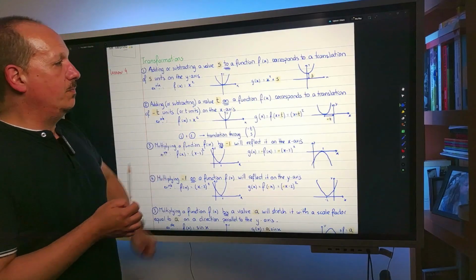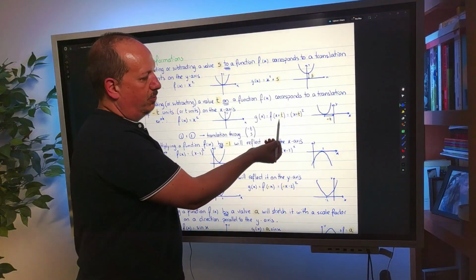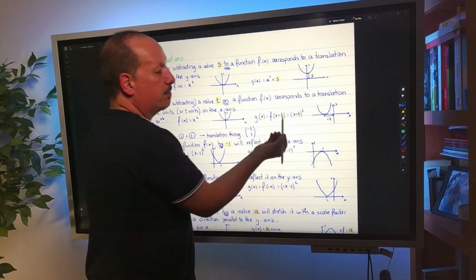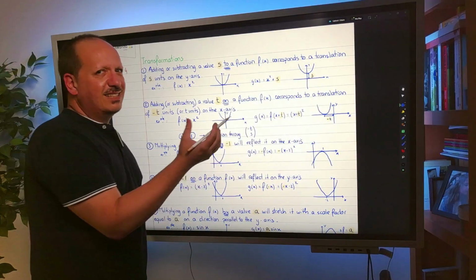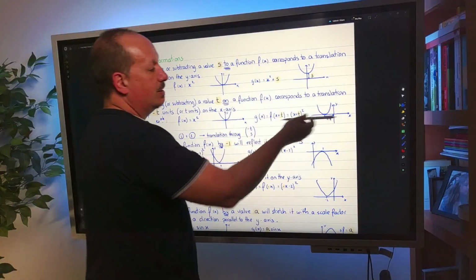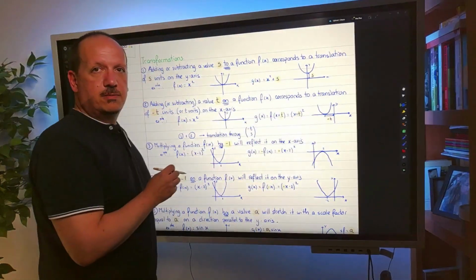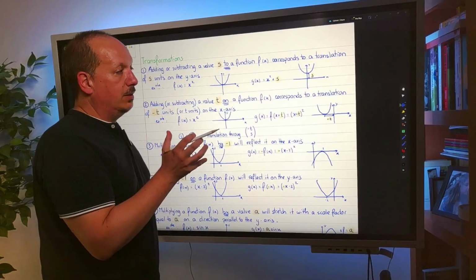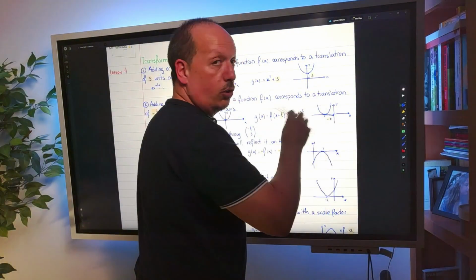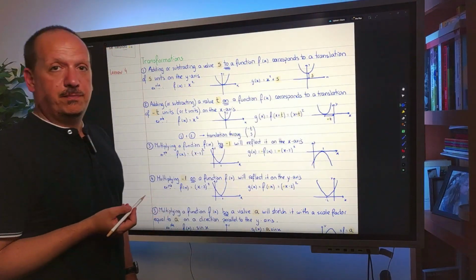Then if it is to the left, I have to add 4. If I want to move it to the right, I have to subtract 4. This is a little bit counterintuitive, so pay attention. To the left, I add. To the right, I subtract. And the value that you want to move to the left or to the right is the number that you have to add there.